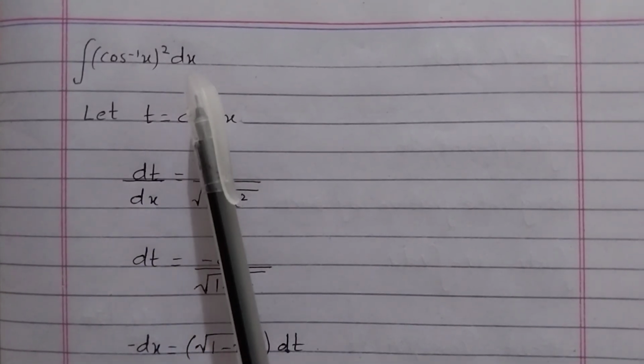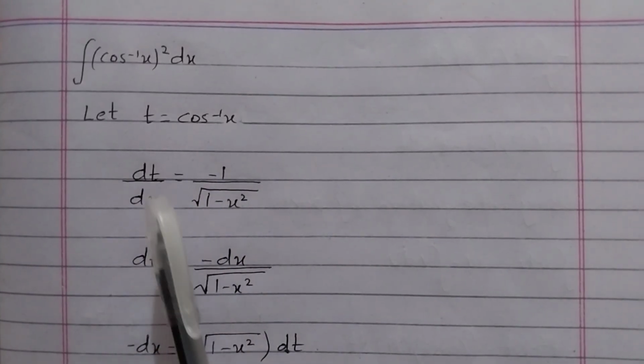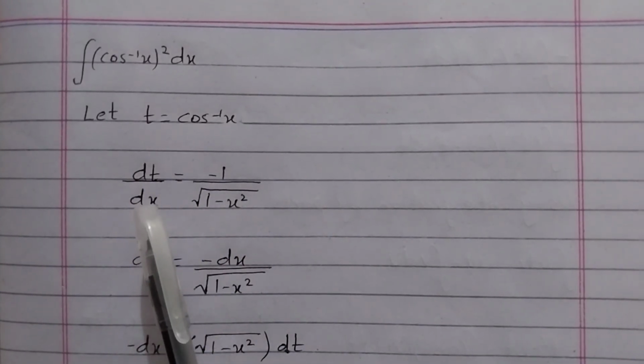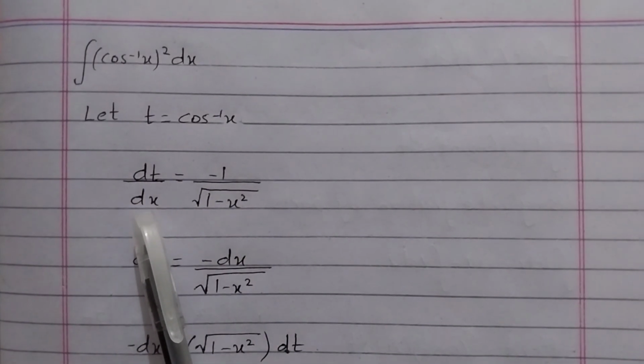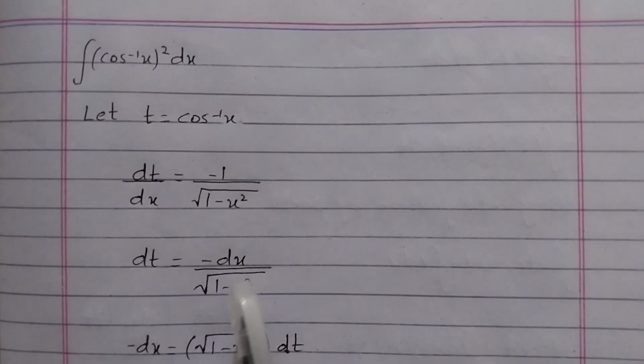And we are interested in dx, so we need to separate dx from here. dx is being divided on this side, on the other side it will be multiplied. So dt is equal to minus dx over square root of 1 minus x square.